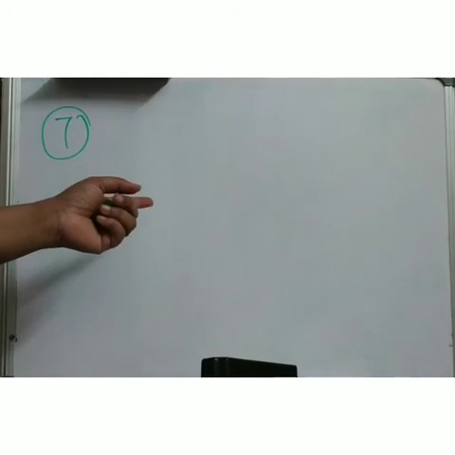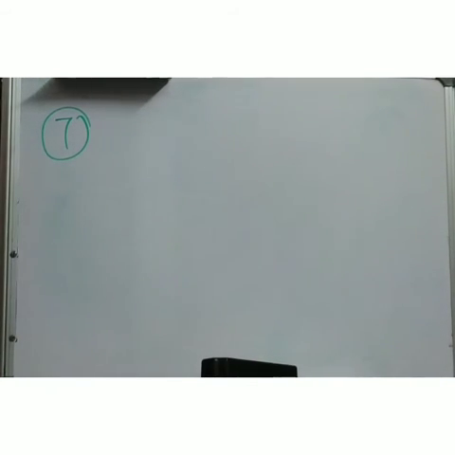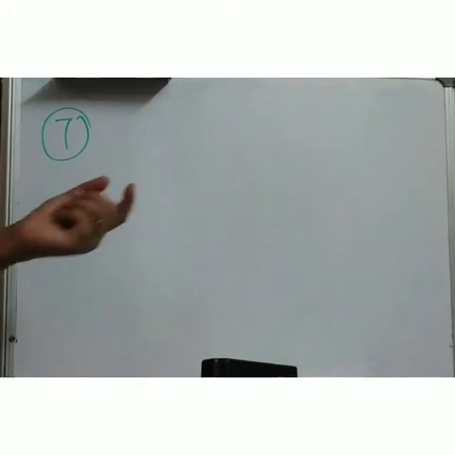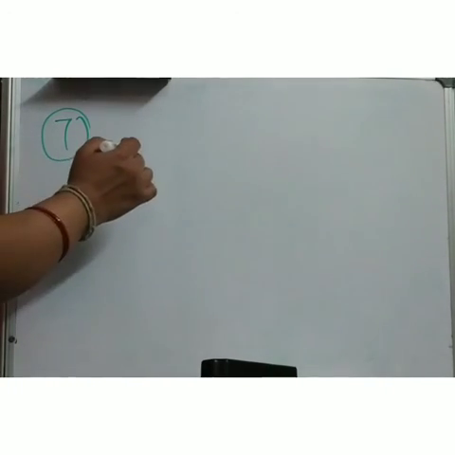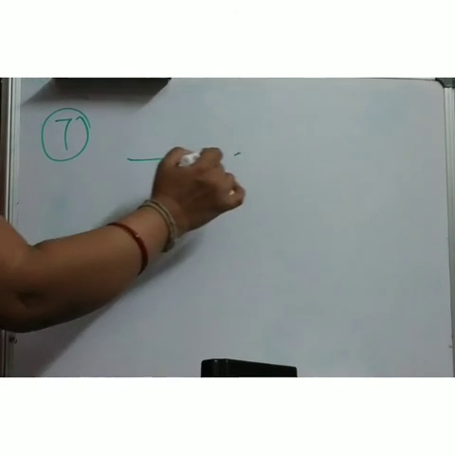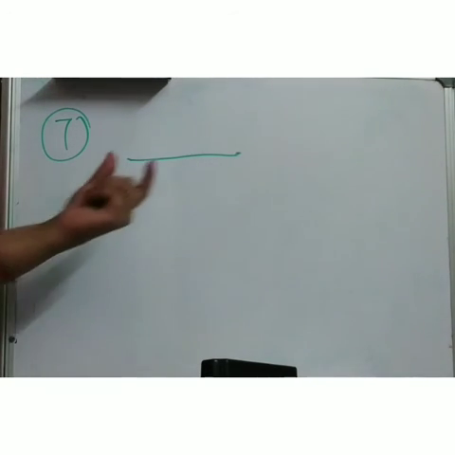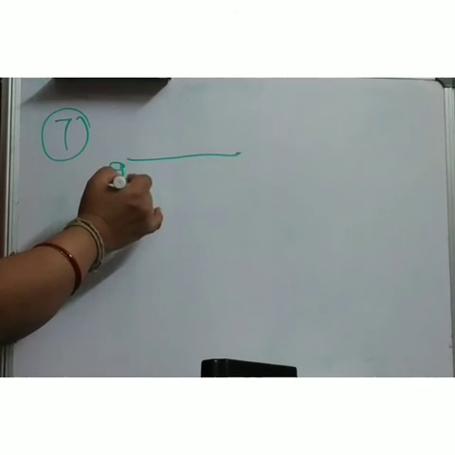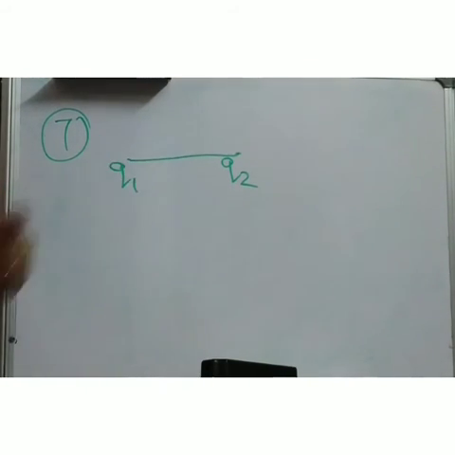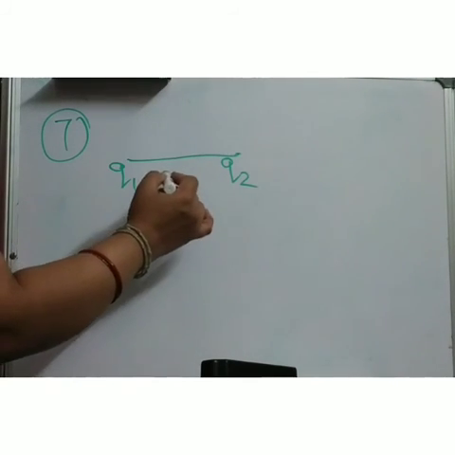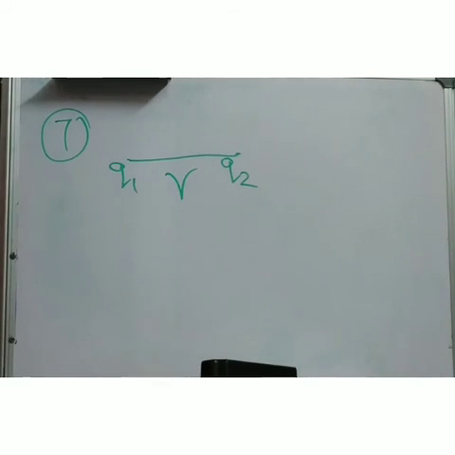What is this question? You have to find out the electrostatic force. What is the amount of electrostatic force if the distance between the two charges is doubled? Two charges are there, separated by some distance. Suppose this is Q1, this is Q2, and their separation is R. I have not discussed this.